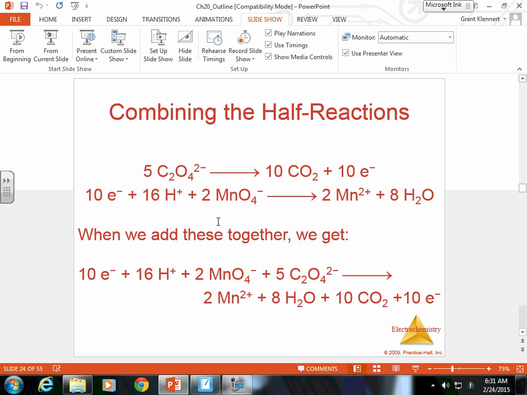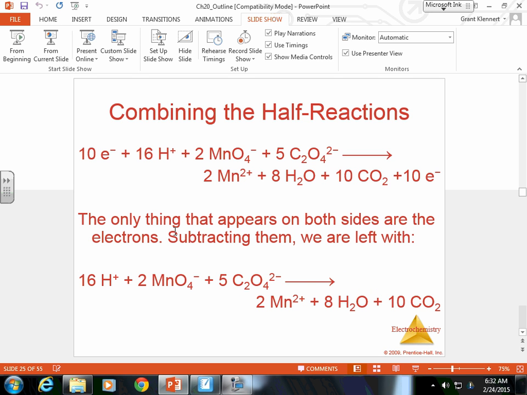When we add these equations together, we get our 10 electrons, we get all our reactants added together, and all of our products added together. Now we can cancel out the things that we can cancel out. So what can we cancel out? We can cancel out our 10 electrons on each side.